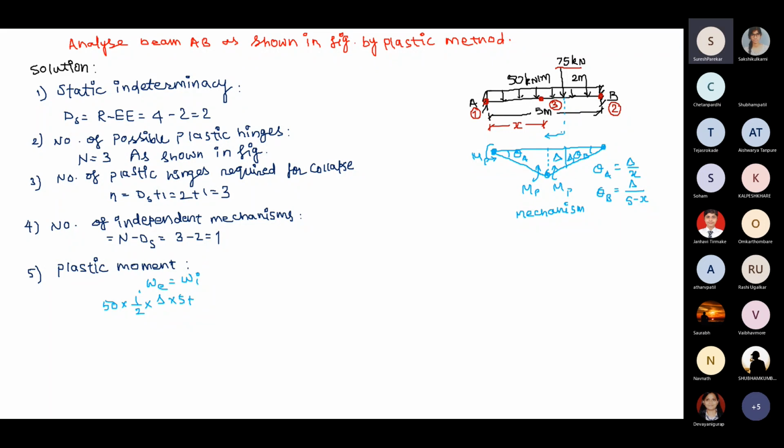What will be this distance? We require actually delta 1, so we will directly write delta upon y minus x equal to delta 1 upon 2.